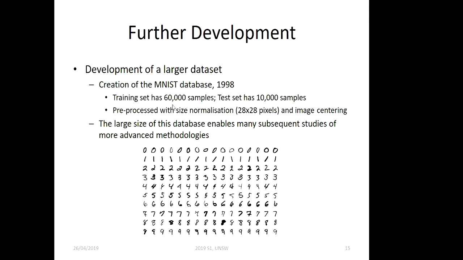The training set now has 60K samples, and the test set has 10K samples. This large database enables many subsequent studies of more advanced methodologies, because with any type of machine learning model, you need a very large database. With lots of images, you are able to cover lots of situations or scenarios.